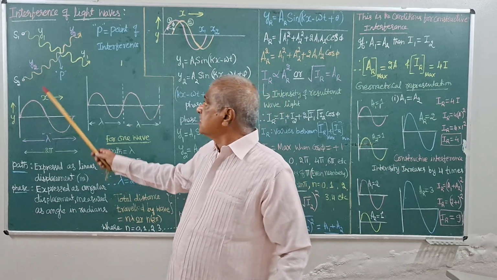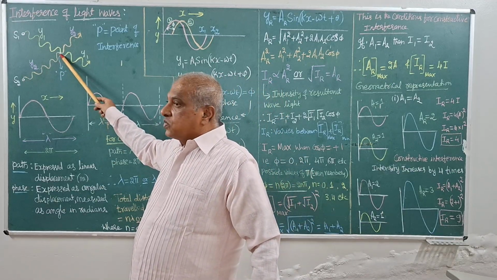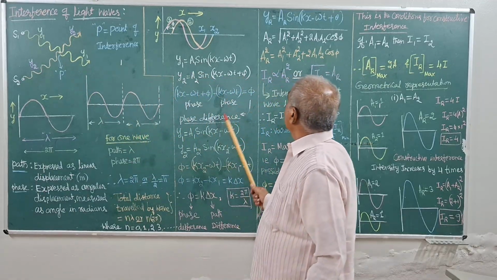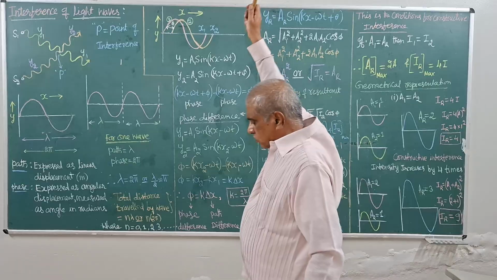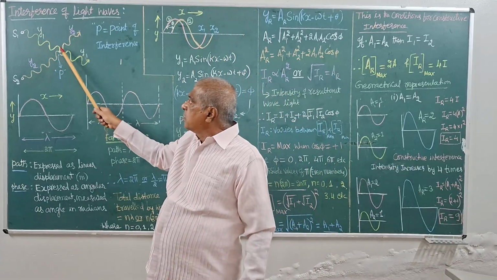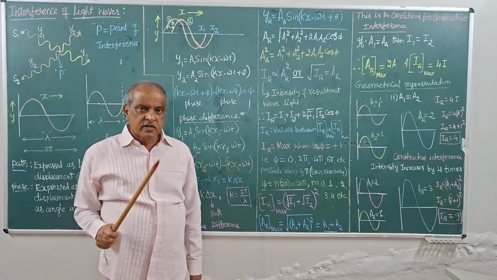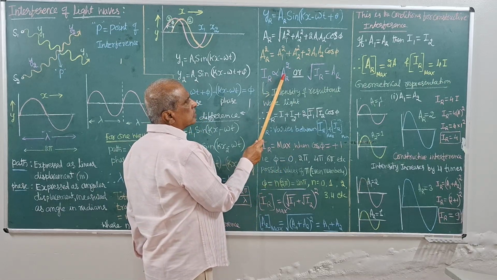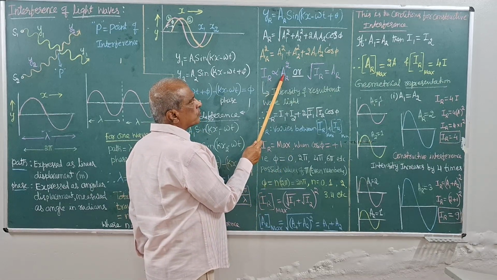And this intensity of the light, as you know, is directly related to the amplitude. The intensity of a wave, whether it is light or any other wave, is directly proportional to the square of the amplitude.